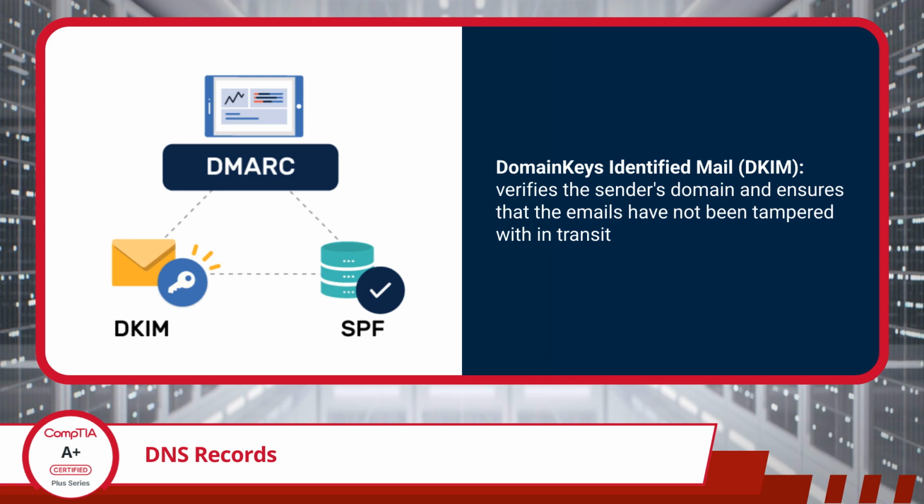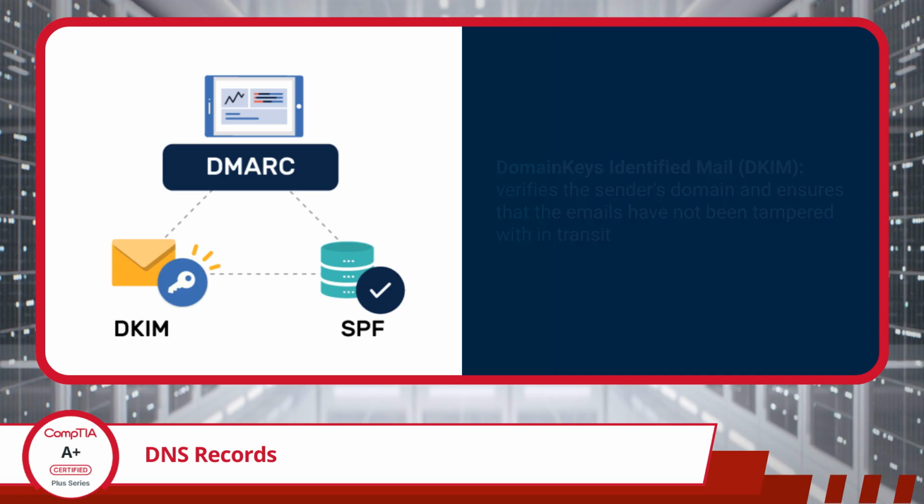In the context of spam management, three significant TXT records come into play: DKIM, SPF, and DMARC. DKIM, or DomainKeys Identified Mail, verifies the sender's domain and ensures that the emails have not been tampered with in transit.